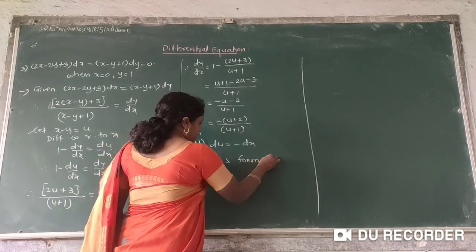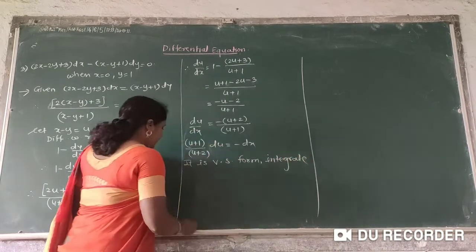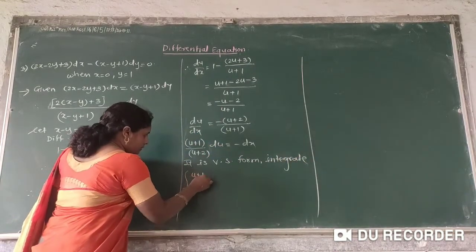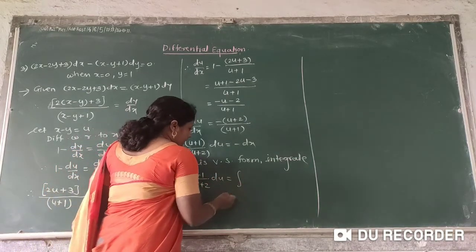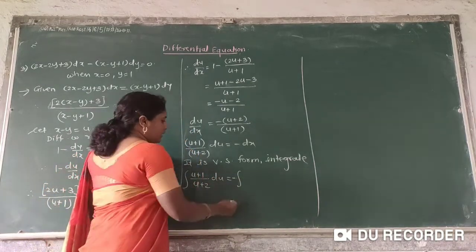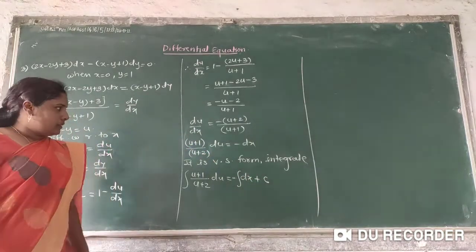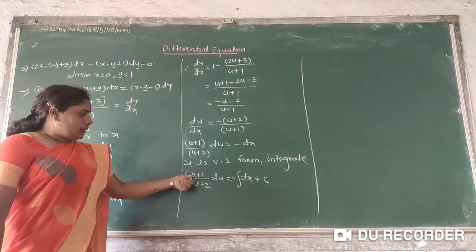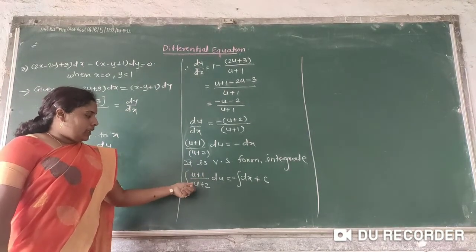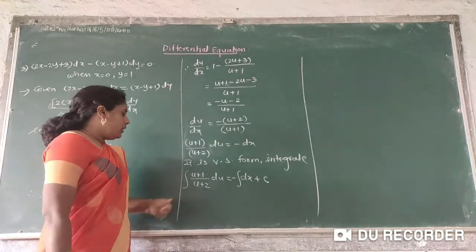Then integrate, we get integration of (u plus 1) upon (u plus 2) du is equal to integration, take minus sign outside the integration, dx plus integration constant c. Here the numerator can be arranged in terms of the denominator.